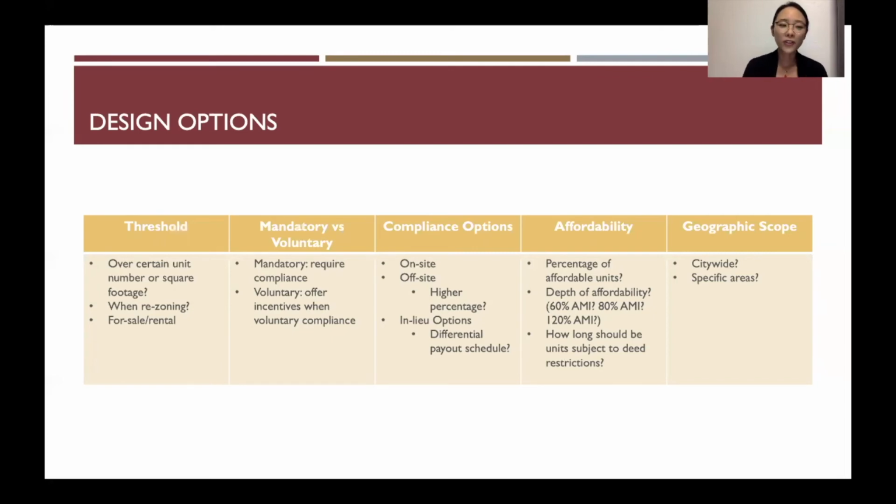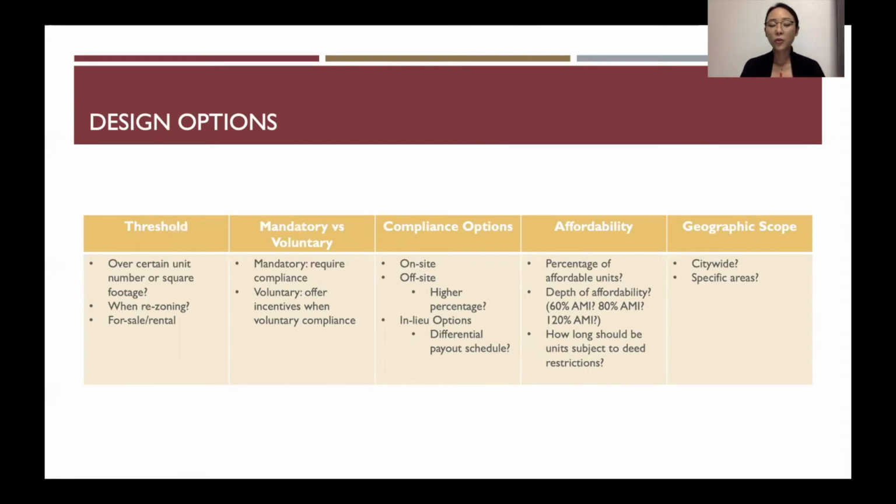First of all, there's that threshold question: what is the threshold requirement that the projects will be subject to this local inclusionary housing program? Is it 30 units, 50 units, which is the case in Tallahassee? Or is there some sort of trigger qualifier, so if, for example, a project requires a zoning amendment, is it going to be automatically subject to inclusionary housing? So those are some threshold questions.